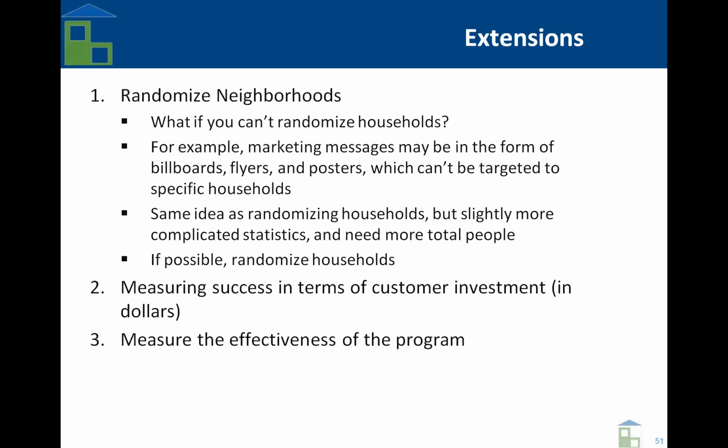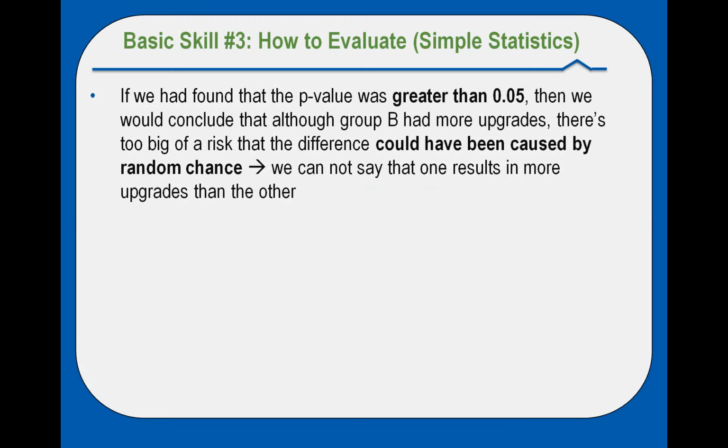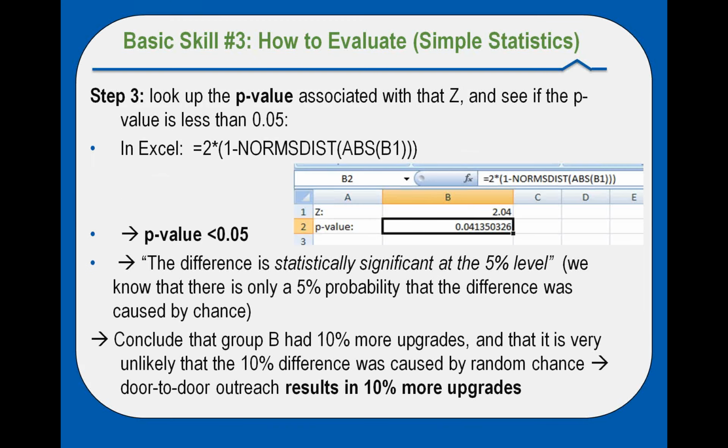So there were a couple of questions about the numbers. Why 500 total? Why did I suggest you should have 250 households in each group? If we go back to the statistics slide, the reason I chose that number is that if you have 250 households in each group, then you can detect a difference between group A and group B that's around 5%.